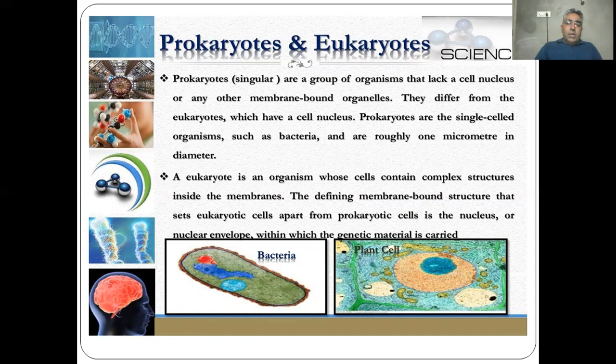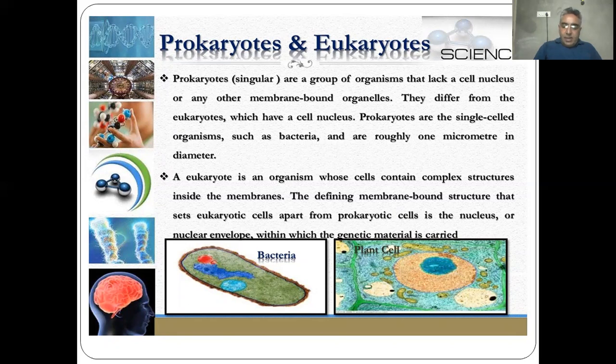A eukaryote is an organism whose cells contain complex structures inside the membrane. The definite membrane bound structure that sets eukaryotic cells apart from prokaryotic cells is the nucleus or nuclear membrane, within which the genetic material is carried.